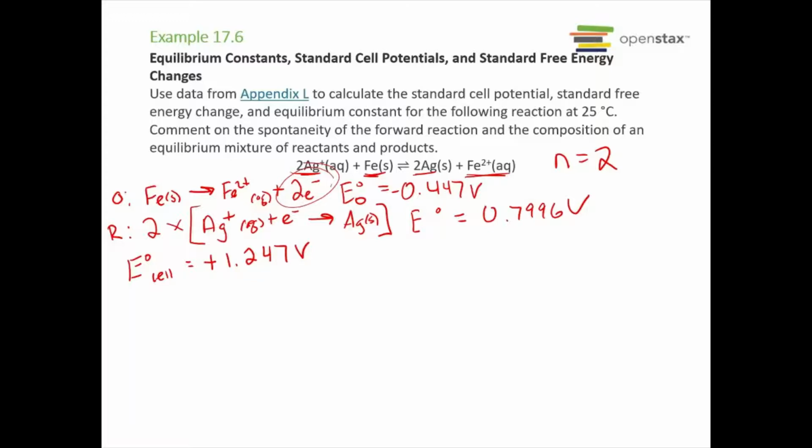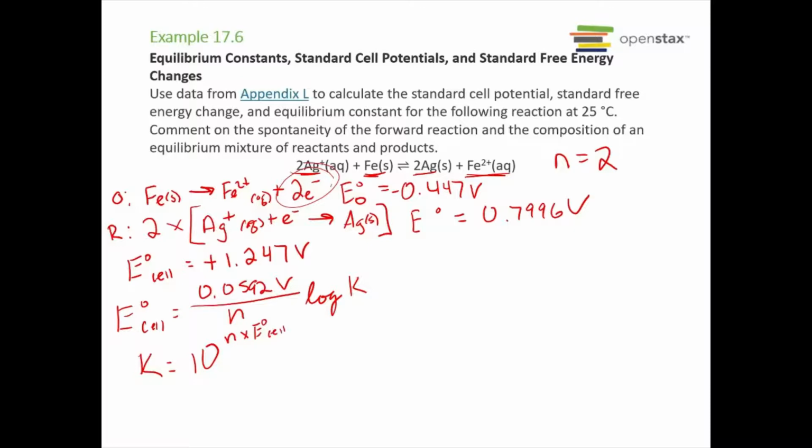So since we're looking at equilibrium, we want to go ahead and calculate K. So we know E cell is equal, since it's at 25 degrees Celsius, we can use our little 0.0592 volts over n times the log of K. So then K is going to be equal to 10 to the n times our potential of our cell divided by 0.0592 volts.